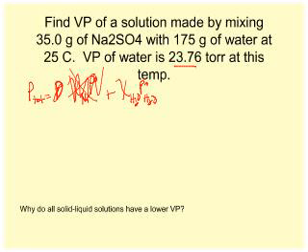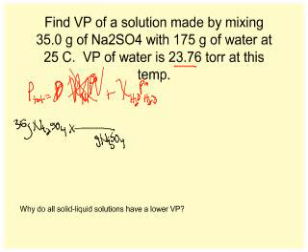But anyway, so I need to figure out the mole fraction of these things. So what I'm going to do first is change my color because I hate the red today. 35 grams of Na2SO4 times 1 mole of Na2SO4 over grams of Na2SO4.